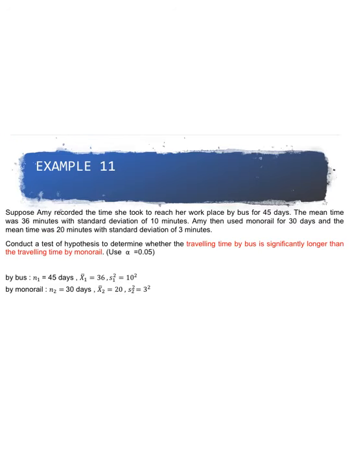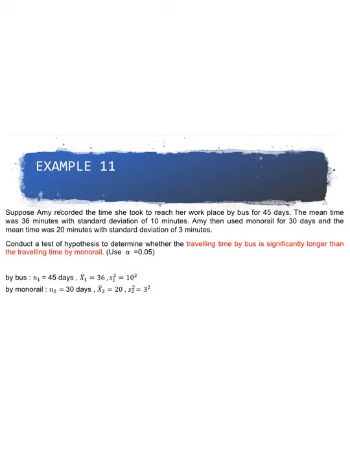Okay, let's take a look into example 11. Suppose Amy records the time she took to reach her workplace by bus for 45 days. The mean time is 36 minutes with standard deviation of 10 minutes. Amy then used monorail for 30 days and the mean time was 20 minutes with standard deviation of 3 minutes.